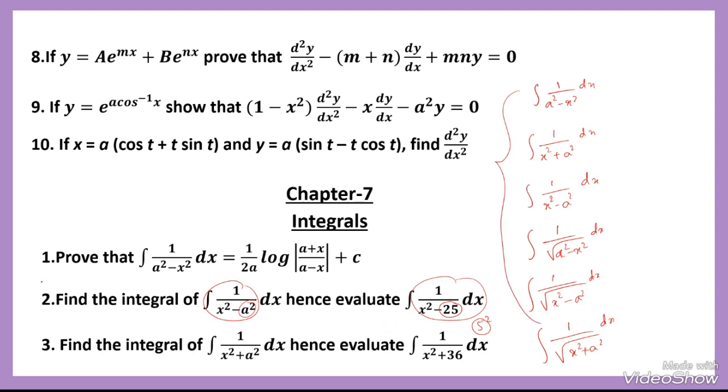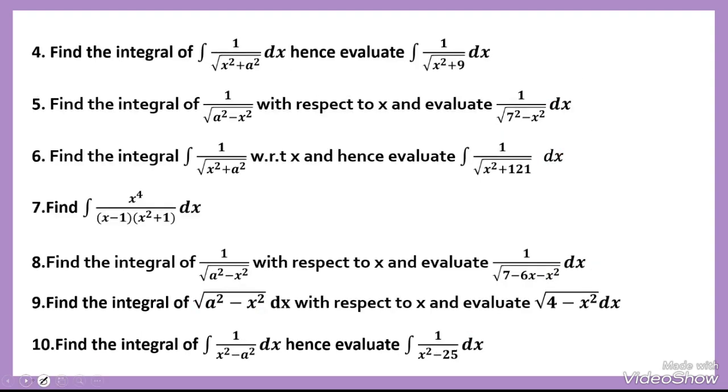The question will be: integral of 1 divided by a square minus x square dx is equal to 1 divided by 2a log of a plus x divided by a minus x plus c. Similarly, these are very important questions for most of the times.